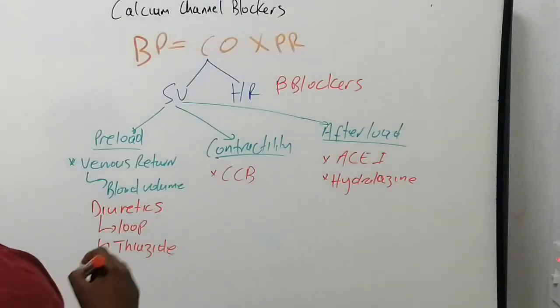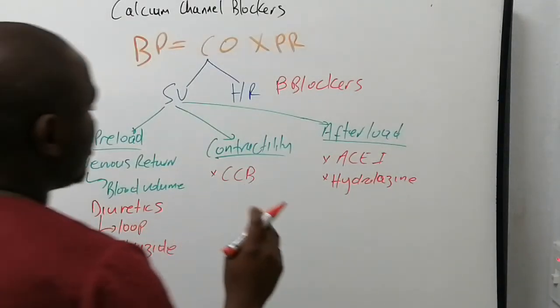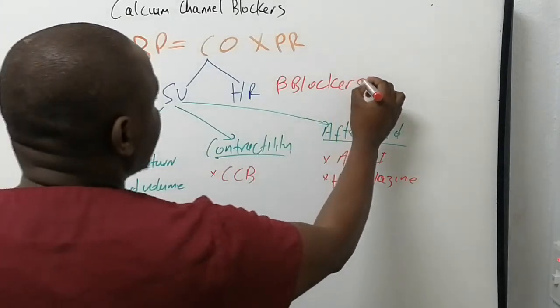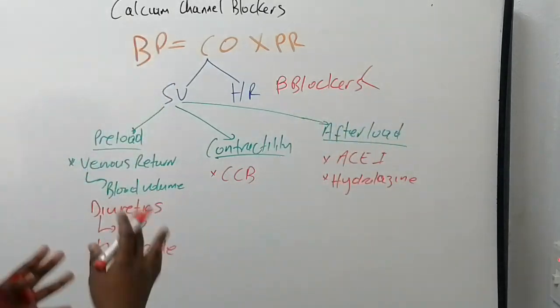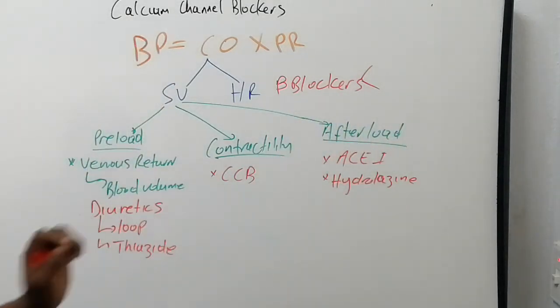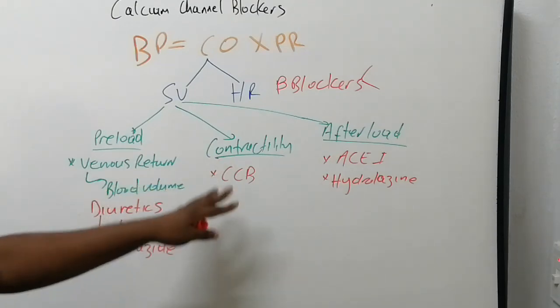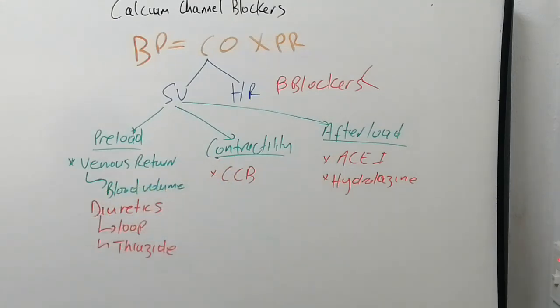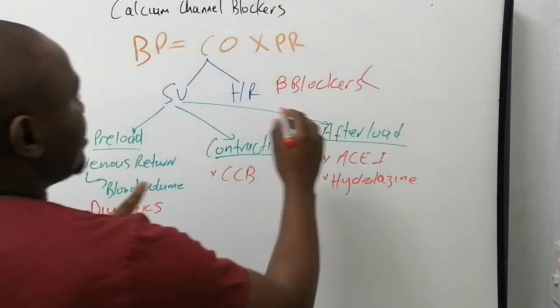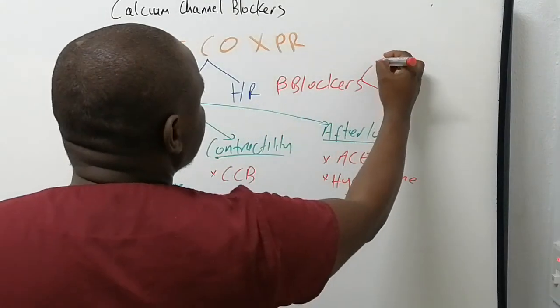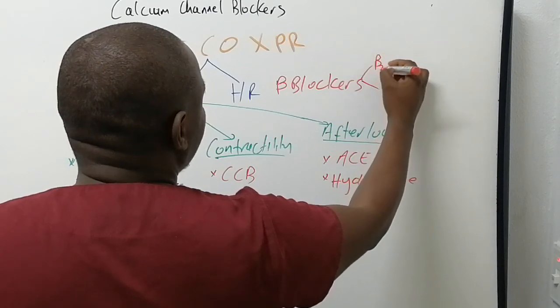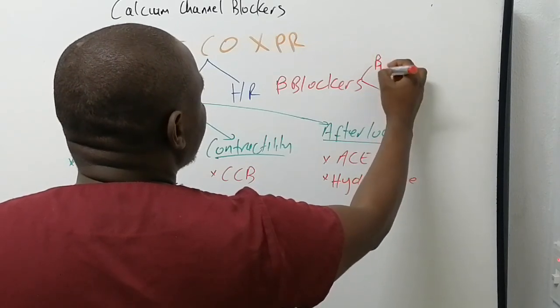And we know that we've got two types of beta blockers, selective and non-selective. Just like we are going to talk about the two classes of calcium channel blockers as well. So there are beta blockers that specifically target beta 1.